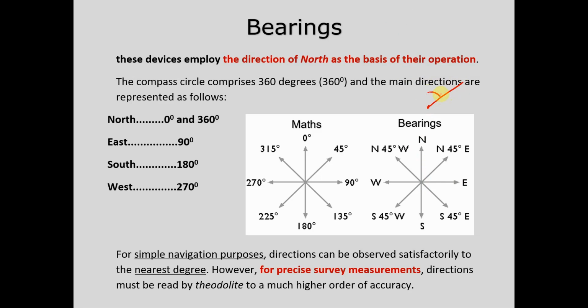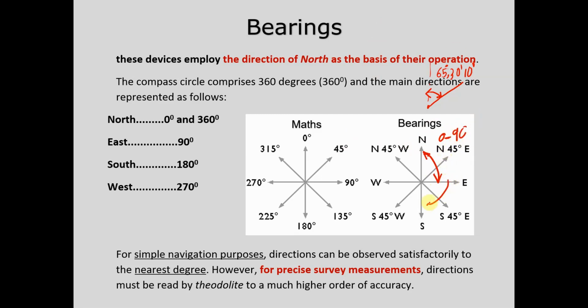I'm imagining in my head an angle between these two lines of 65 degrees. The important part is that we understand that anything within this area here is between 0 and 90.